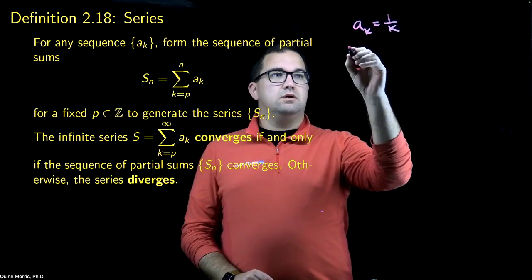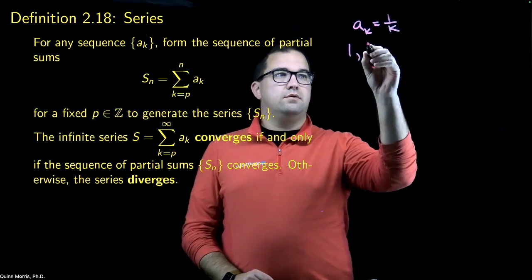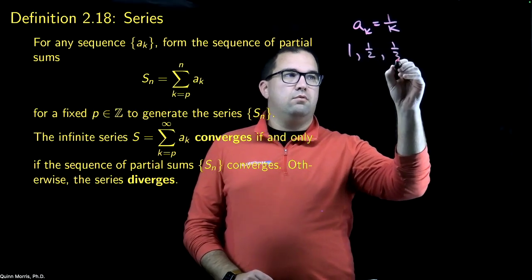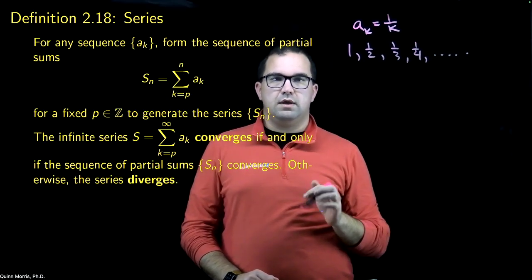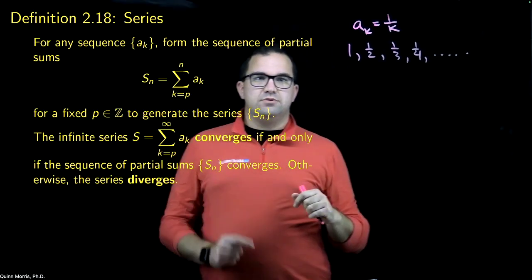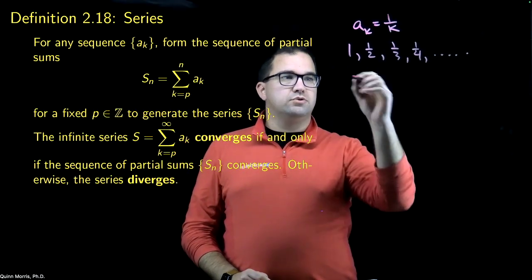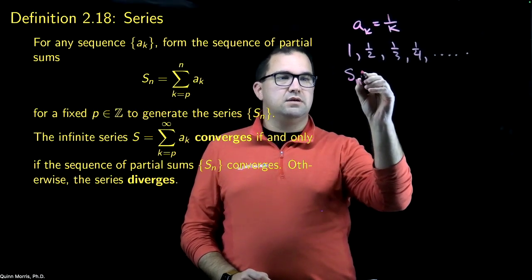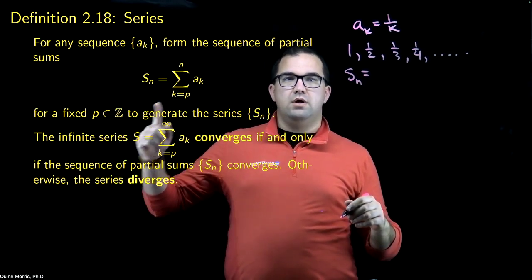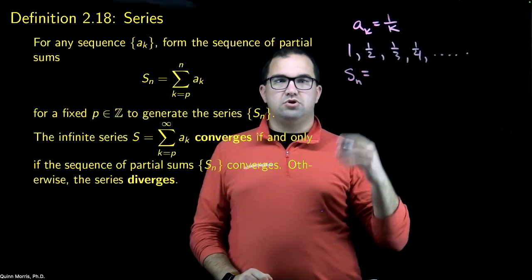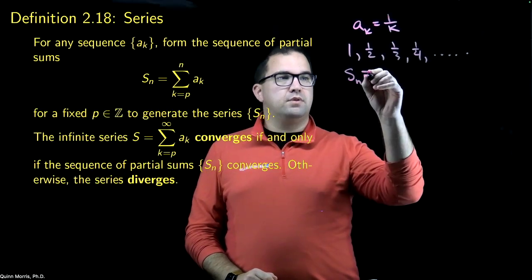So your sequence looks something like 1, 1/2, 1/3, 1/4, and so on. And from that sequence, we could form a sequence of partial sums. In this particular case, we can do this for any fixed integer value. I'm going to do it just starting with 1.